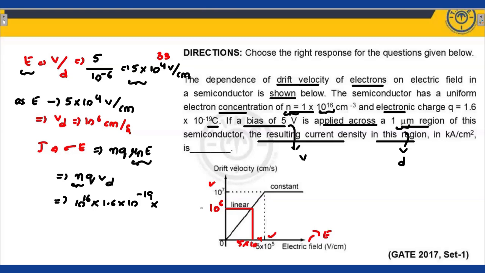Since we got the electric field as 5 into 10 power 4, the corresponding VD is 10 power 6. Then it will be 1.6 kilo ampere per centimeter.